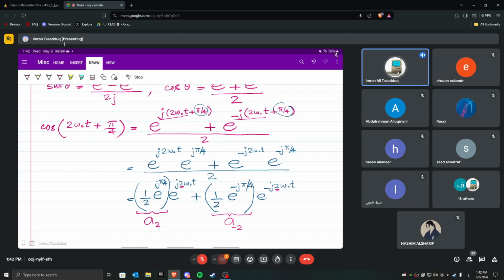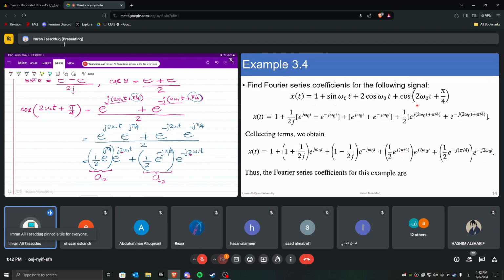Okay. So now if you look at this equation, you can see that this is what we did. So this is a0, this is a1, this is a minus 1, this is a2, and this is a minus 2, right?